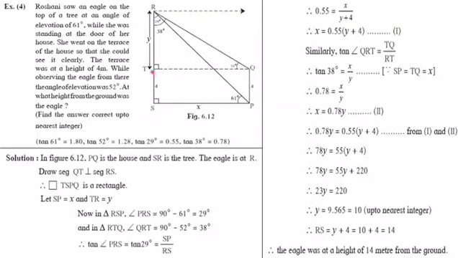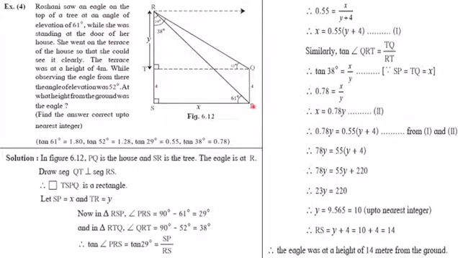Then observe quadrilateral TSPQ is a rectangle. We have drawn it perpendicular. This is 90. Tree perpendicular to the ground, so it is 90. Building perpendicular to the ground, so P is 90. And the fourth angle of the quadrilateral is also 90, that is angle TQP.